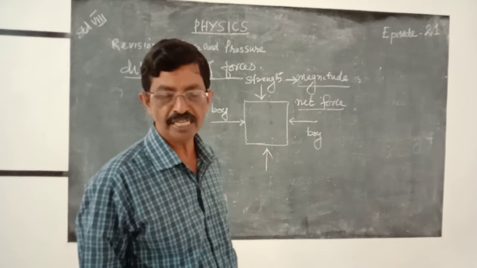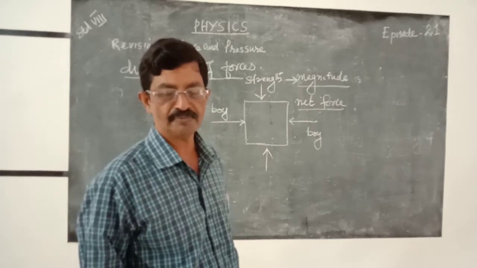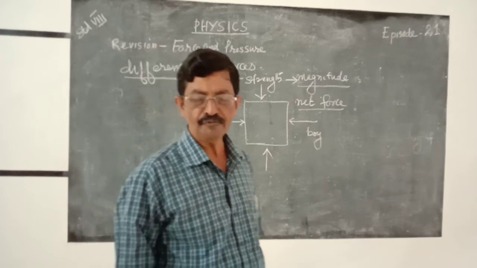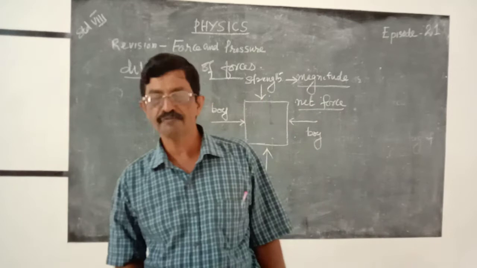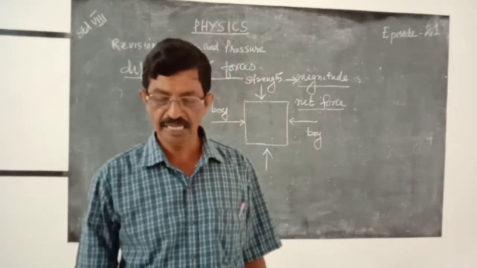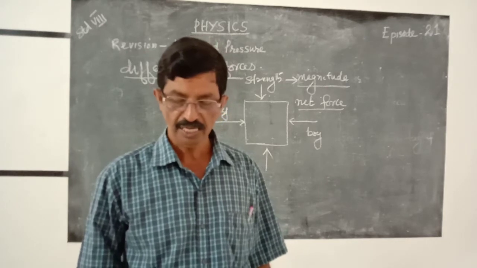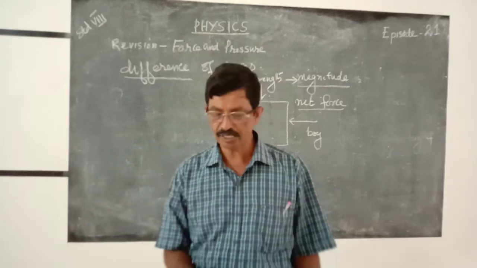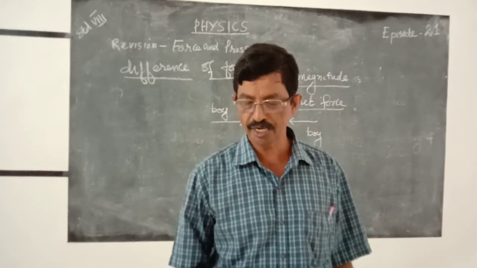Once again, question: when a number of forces act on an object, then how do we find the effect of the forces? We find the effect of the forces as the net force acting on it. Now try to give an answer to this question. What happens when a number of forces act on an object?